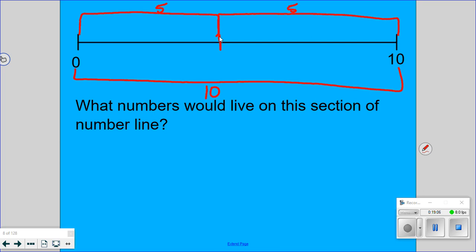That means I need 5 numbers on my left side, and I need 5 numbers on my right side. That kind of sounds like my middle number is 5.